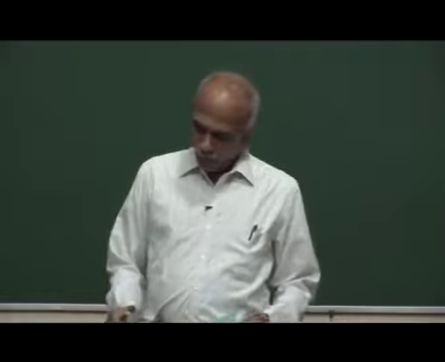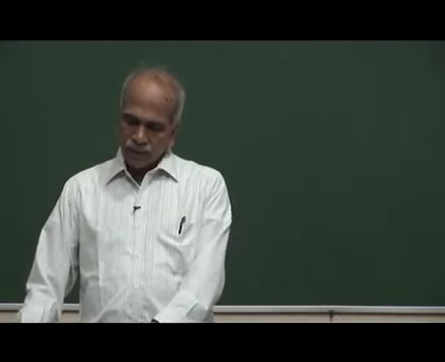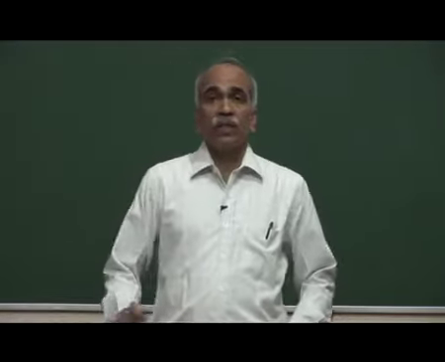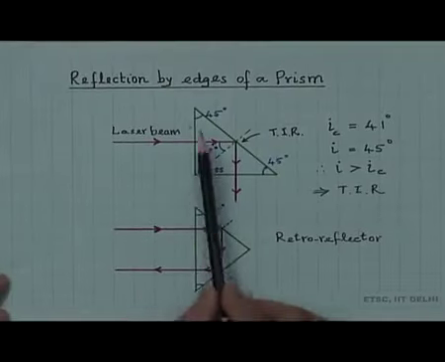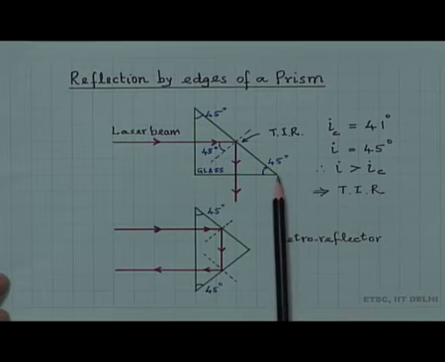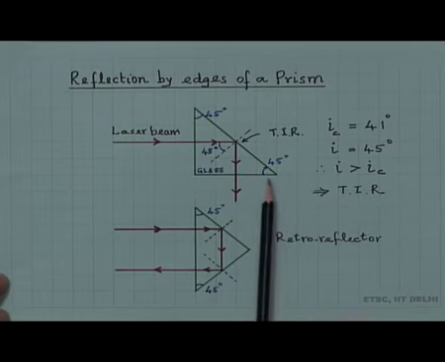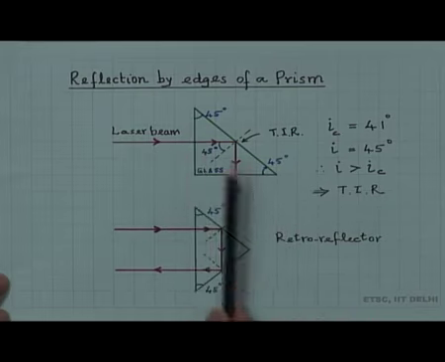Let us see a couple of examples here. First, let me take up reflection by a prism. What I have shown here is a 90-degree isosceles prism with 45-degree and 45-degree angles.